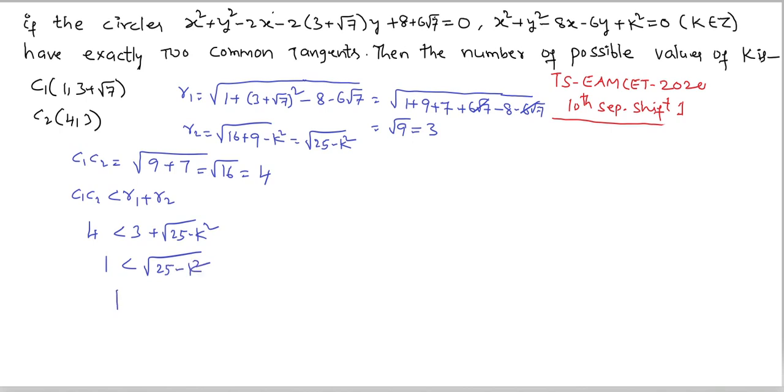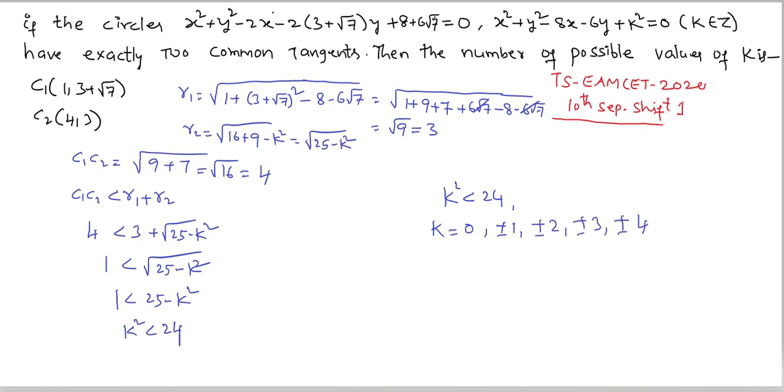Squaring on both sides, 1 is less than 25 minus k square, k square less than 25 minus 1, 24. K square less than 24 means k belongs to z, k is equal to 0 satisfies this relation, and plus or minus 1, plus or minus 2, plus or minus 3, and plus or minus 4. Plus or minus 5 is not satisfied, that is 25 less than 24, that is not correct.